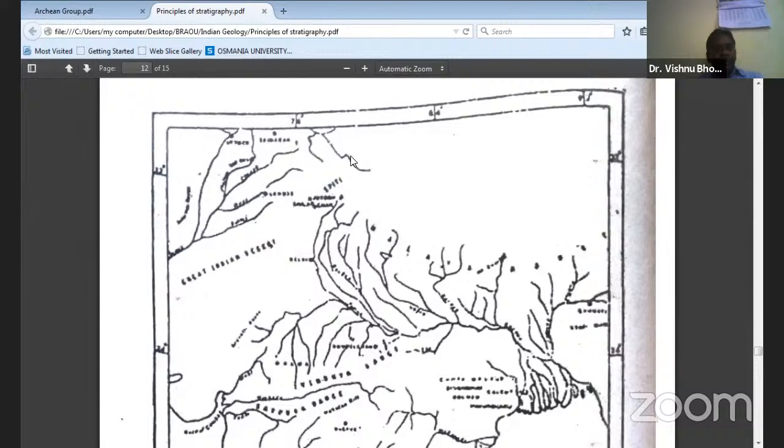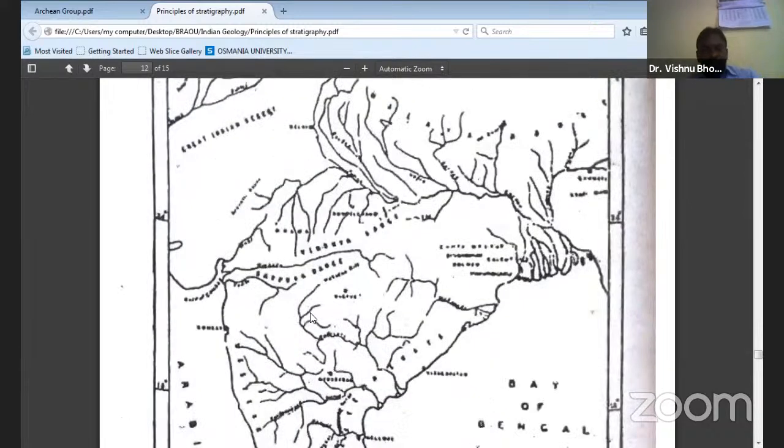It is indicating the Peninsula, and this mid part of this one, up to here, eastern side and western side. The central part is almost indicating the Peninsula of India, and this place is indicating the Indo-Gangetic plain.